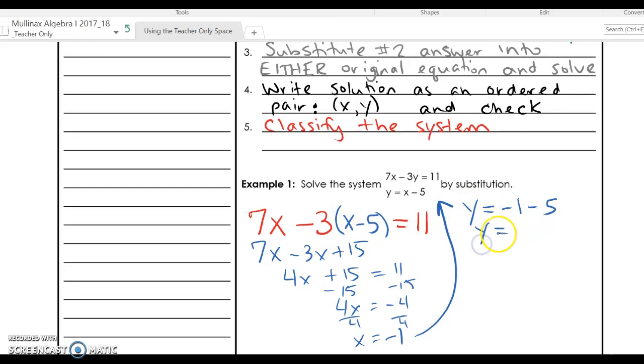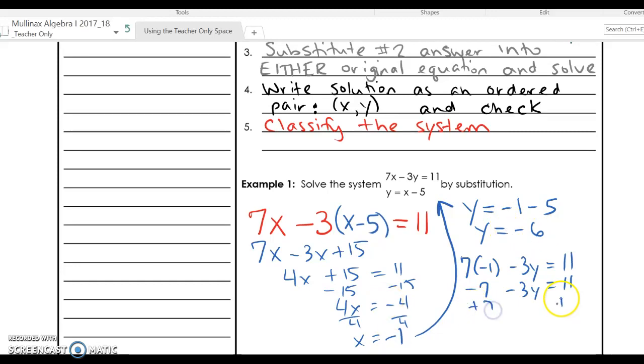-1 minus 5 is -6. I can also, I don't have to, notice I said substitute the answer into either of the original equations and solve, not both, but I'm going to go ahead and substitute -1 into the first one, because if I do that and I get a different answer than y equals -6, then obviously I've done something wrong.